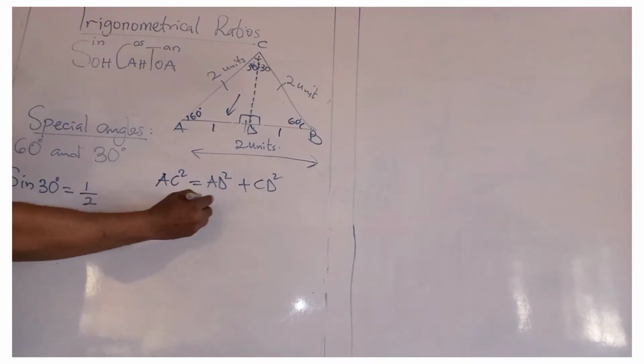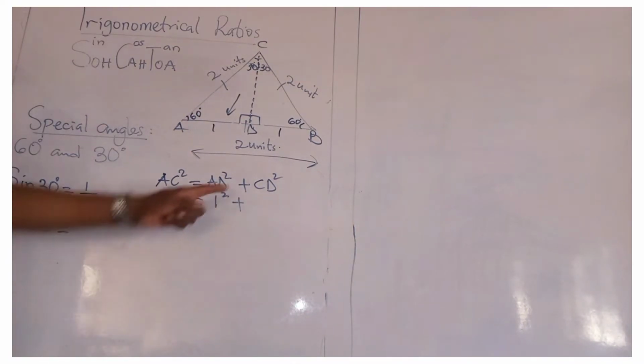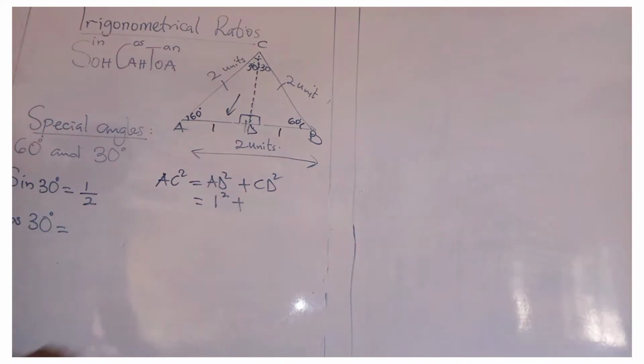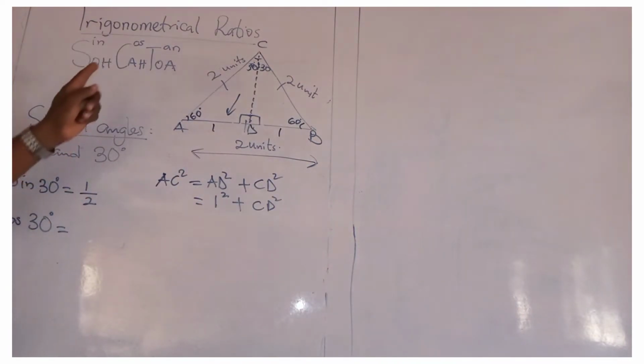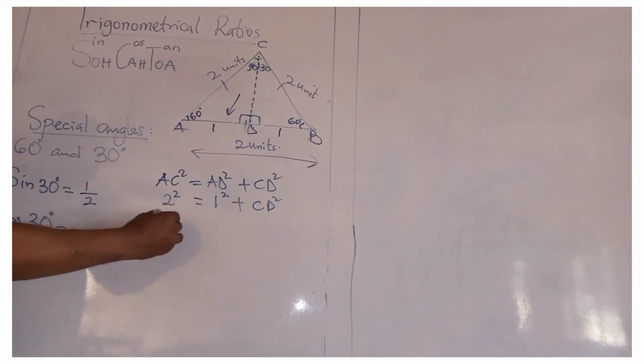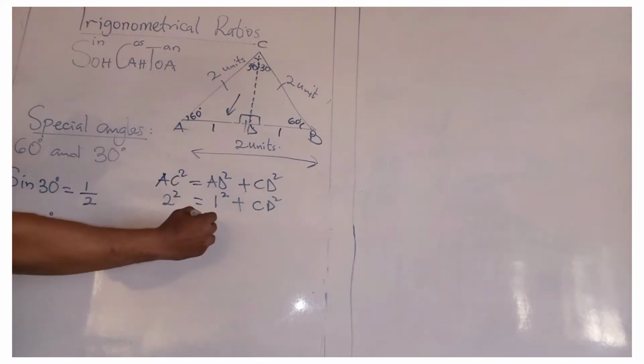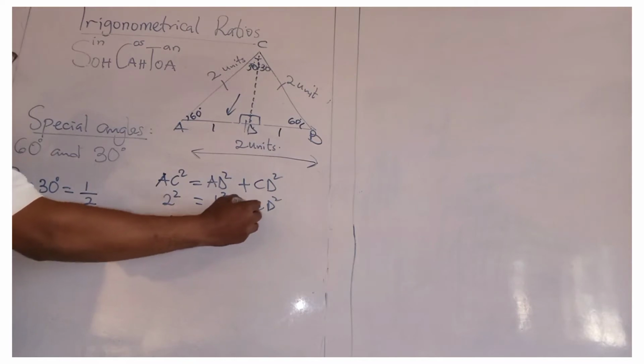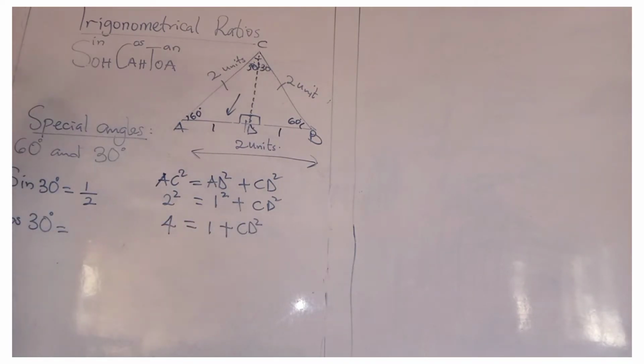Now, AD is 1, squared, plus CD, which I do not know. We are finding it because we need it to solve for the value of cos, since cos is adjacent over hypotenuse. And AC is 2, so 2 squared is 4, 2 times 2, which equals 1 times 1, 1, plus CD squared. We do not know CD, and we need to find it.